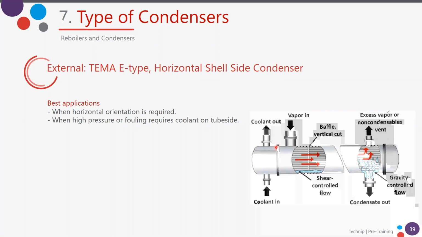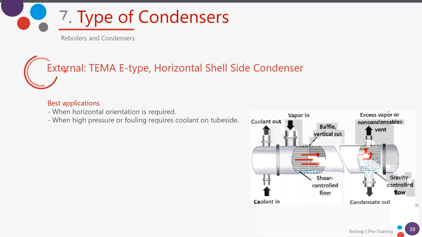The condensing vapor is often an organic compound or mixture, and the coolant is most often water. Therefore, the condensing vapor is most frequently placed in the shell, and the cooling water, which is usually more prone to fouling, flows in the tubes.